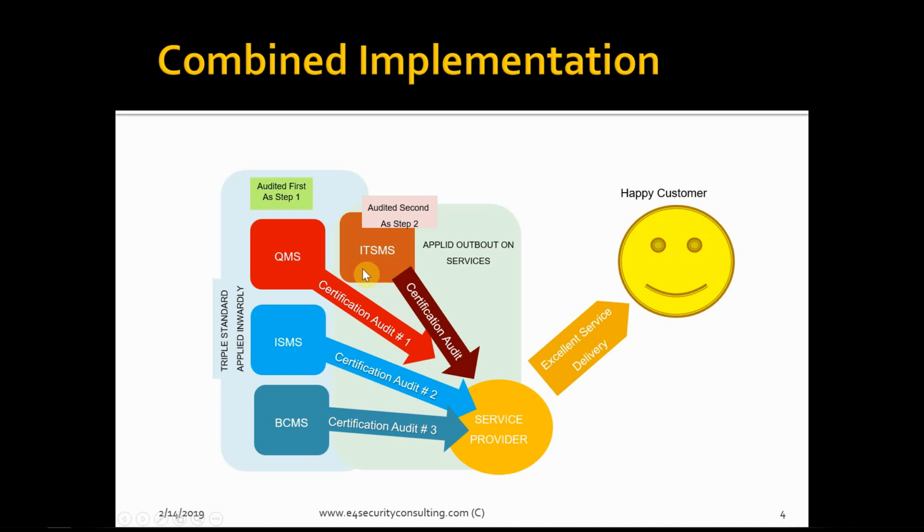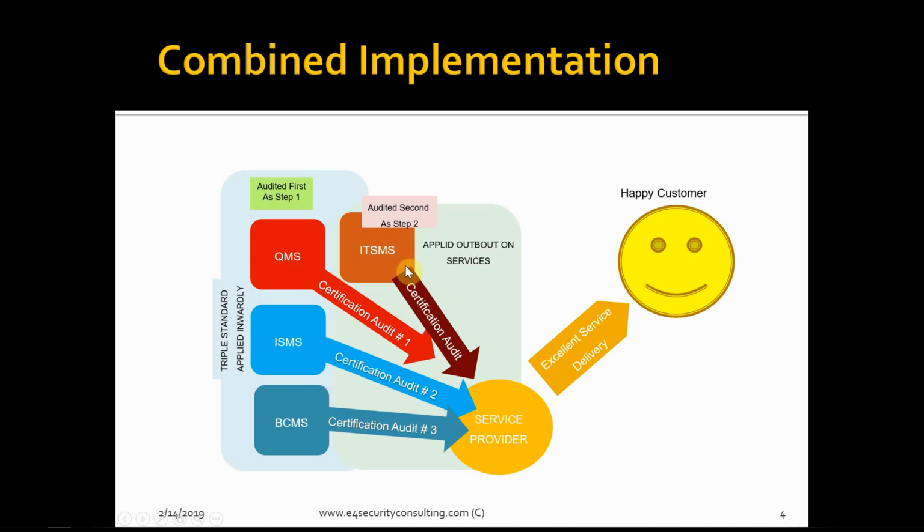So in a nutshell, these are two separate steps if you want to combine the implementation. In the first step, like I said, you want to implement QMS, ISMS, BCMS. Then you want to run. Then you want to go through your first internal audit, and then your first management review, and then the certification audit.